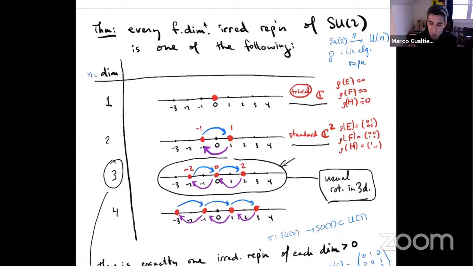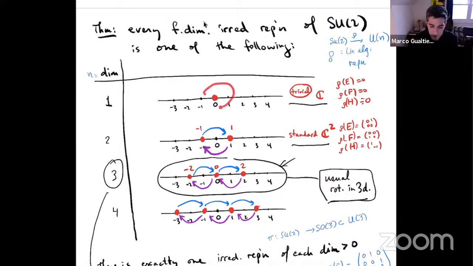If you have a representation of SU2 on a vector space, what it means is that for every element of the group, we have a matrix, an operator on the vector space, and the product of these group elements gives rise to the composition of the matrices, the matrix multiplication. So we're basically trying to represent each group element as a matrix.